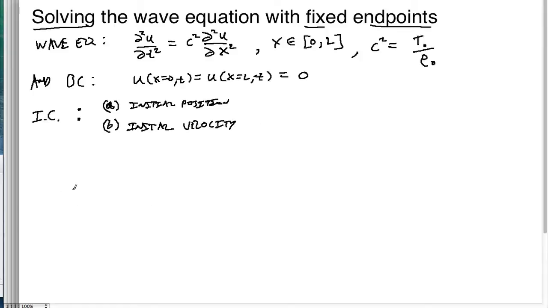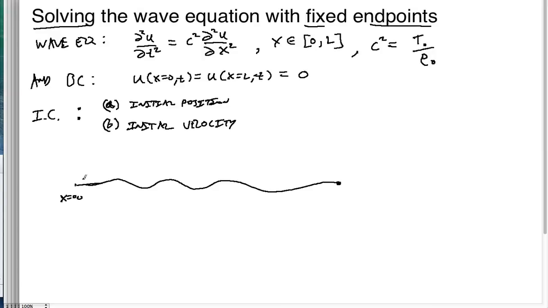And again, what we're talking about here is a string that's at x equals 0. We have u equal to 0. So the u-axis is, of course, the vertical displacement at every point in space and time on this string, and u equal to 0 is the neutral point there.